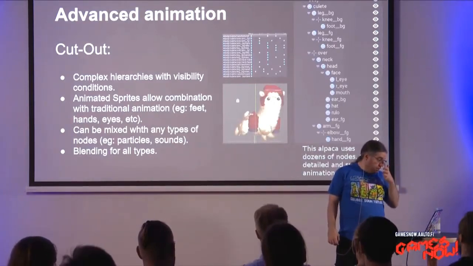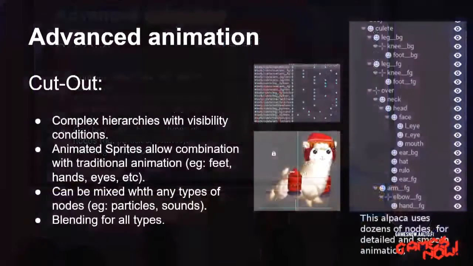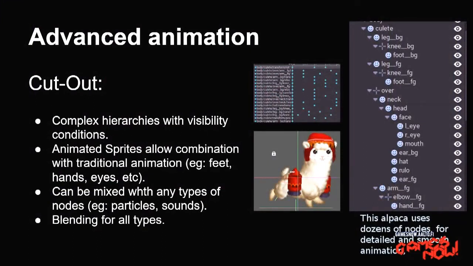You can also make the cutout animation style, where here's an example of a character that has a big tree of nodes, and then each node is a part of the character, right? Like a little skeleton in 2D.